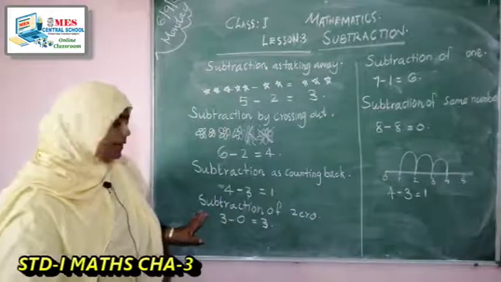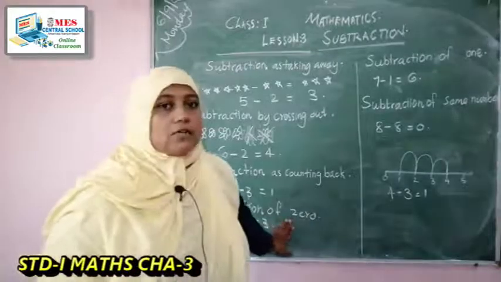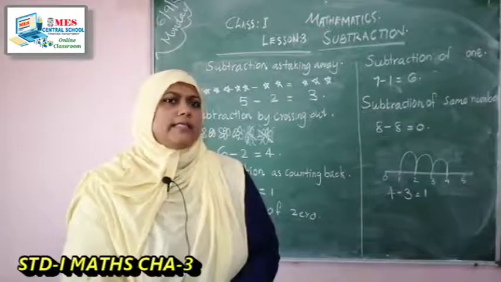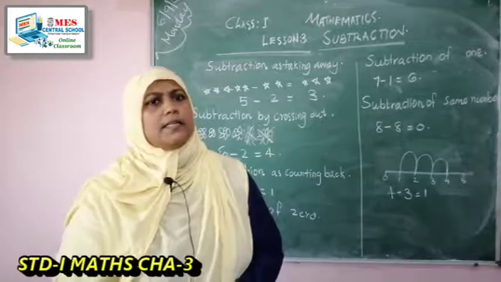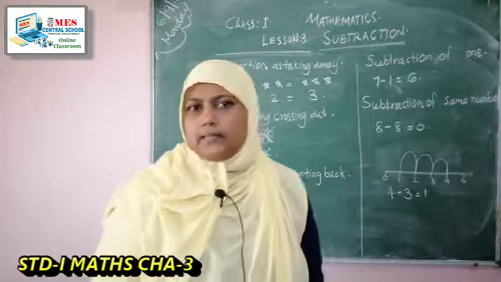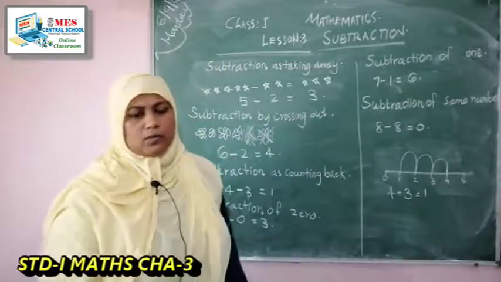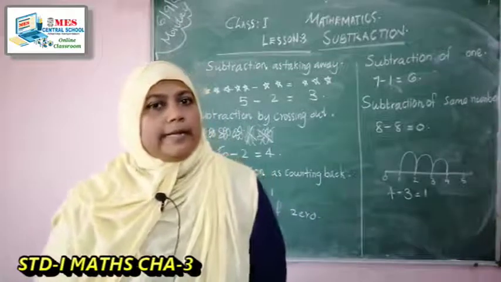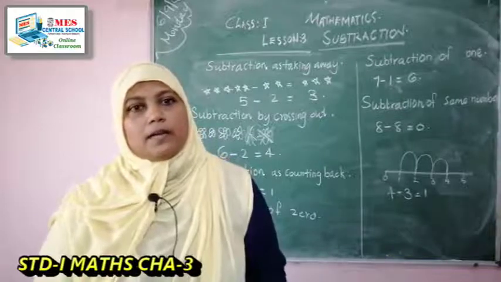Okay, then the next point to understand is subtraction of 0. What does subtraction of 0 mean? Okay, so 0 means nothing. We are subtracting nothing from the number. So if you have 5 toffees with you and nobody has taken the toffees, how many remain in your hand?